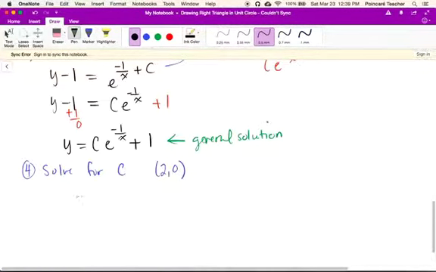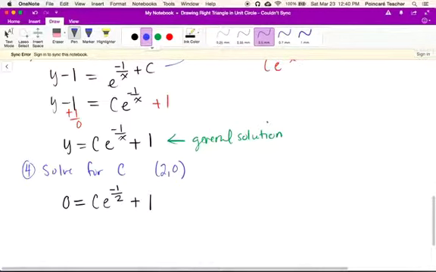So we'll have 0 equal to c times e to the negative 1/2, because our x is 2, and then we have the plus 1.